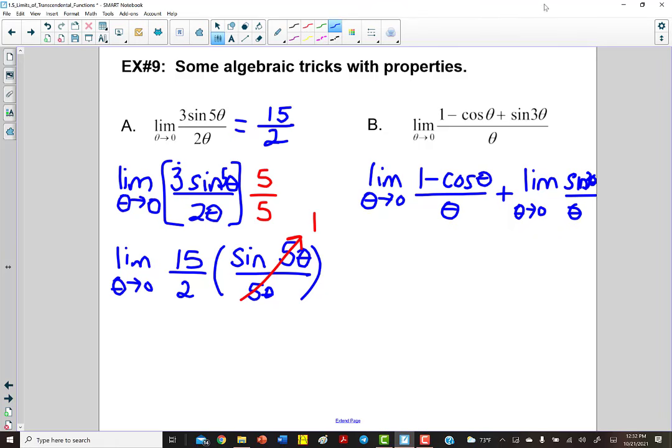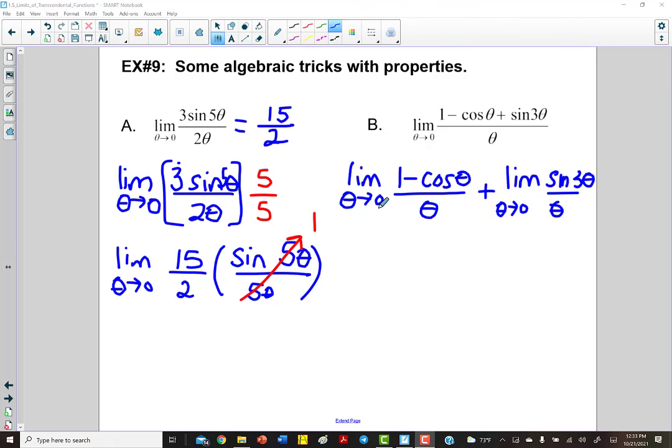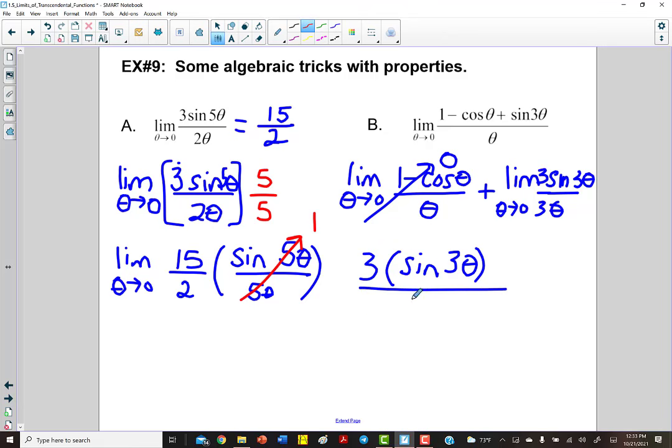Oh, I'm really out of room there. So in this case, we have a 0 for the limit. So this entire piece is going to go to 0. But in this piece, we can multiply the top and the bottom by 3. And that's going to give us 3 times the sine of 3 theta divided by 3 theta.